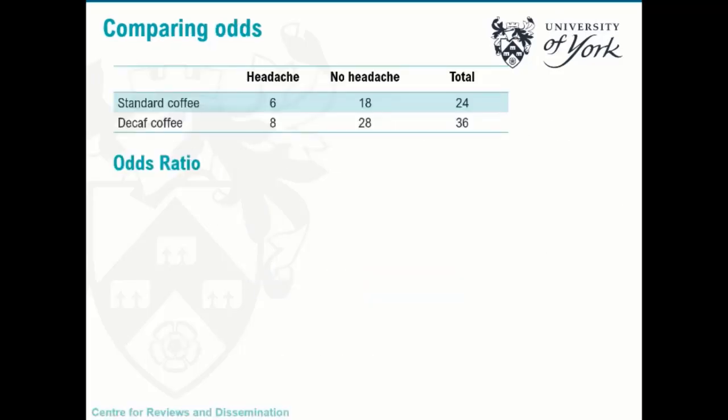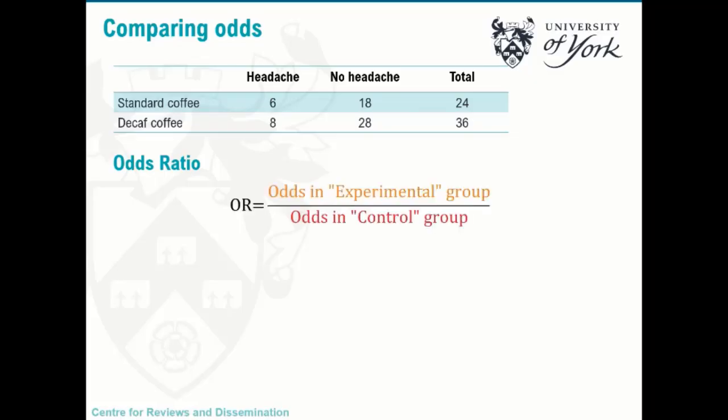Similar to a relative risk, we can also compare the odds of two groups by calculating the odds ratio. The odds ratio is the odds in the experimental group divided by the odds in the control group.